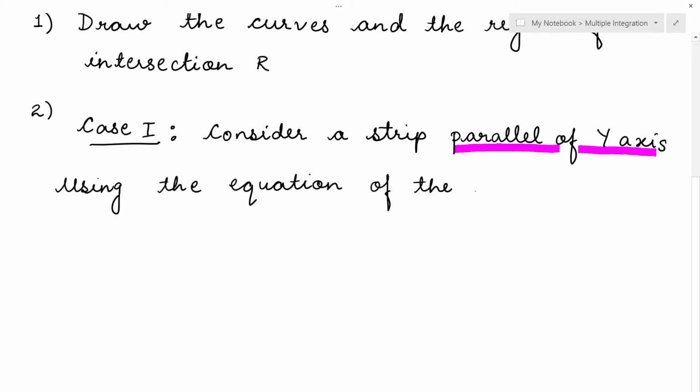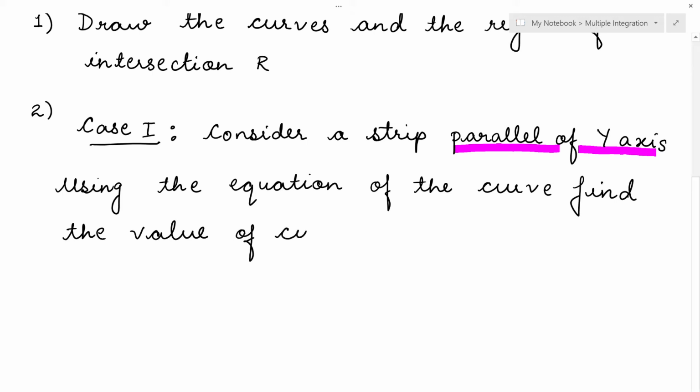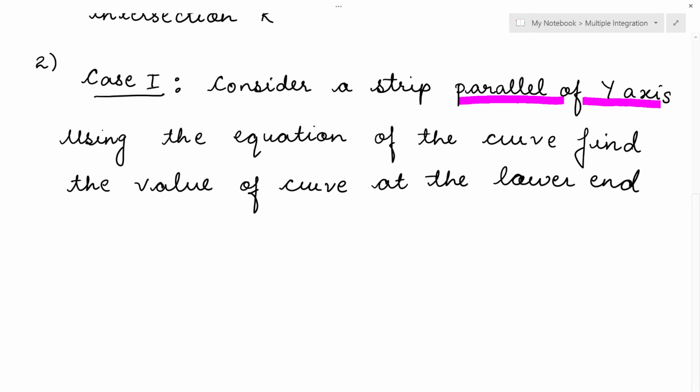So using the equation of the curve, we will find the value. Usually you should know the equations of the curves, and that will already be given in the question itself. You have to find the value of the curve at the lower end and at the upper end.